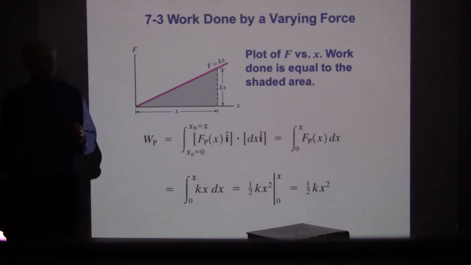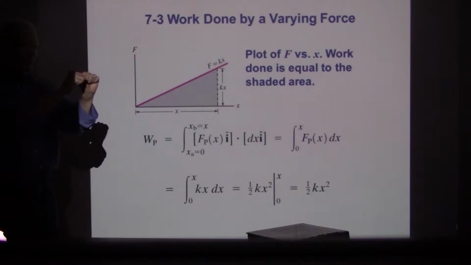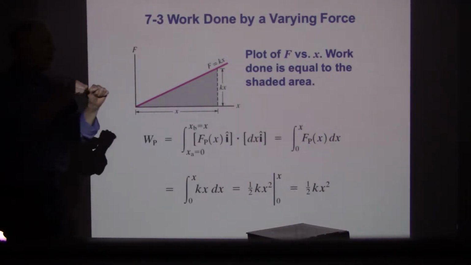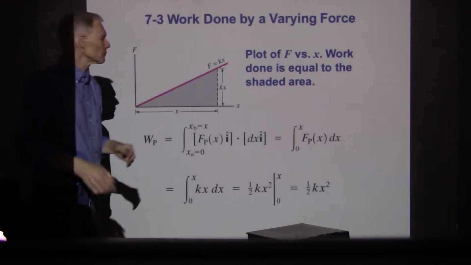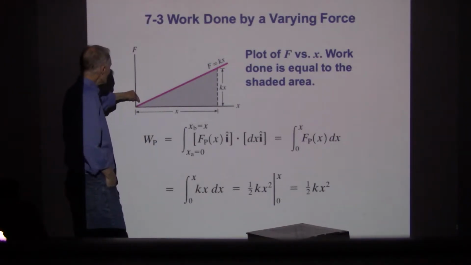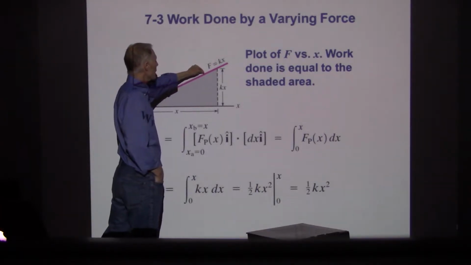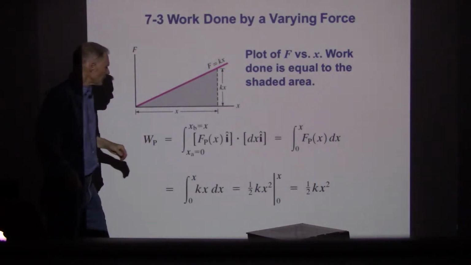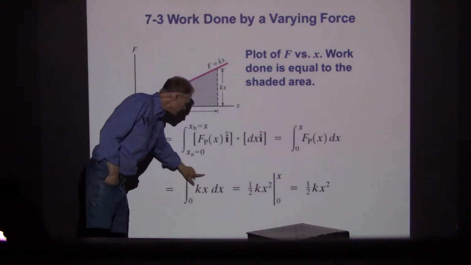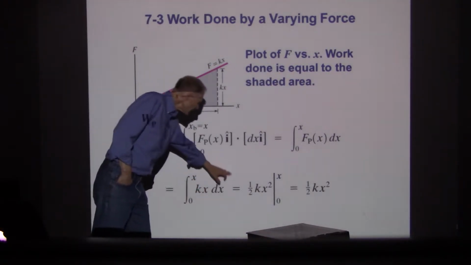So the force is varying. At first it's easy to compress the spring or stretch it out, and then it gets progressively harder. As we compress it more and more, the force we need to keep compressing it goes up. And so we said that could be represented by taking the force, integrating it over a distance.